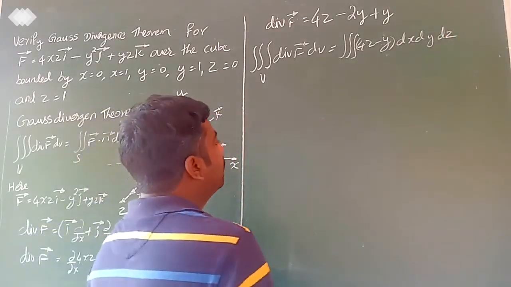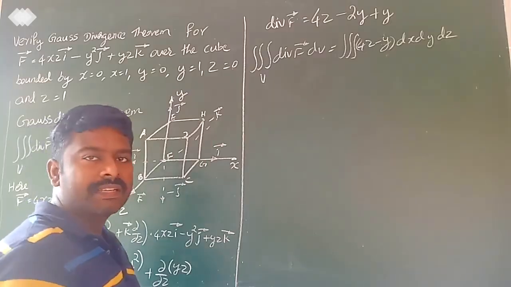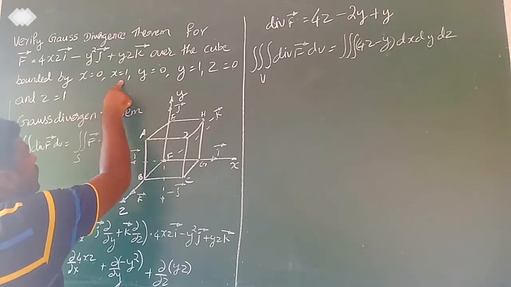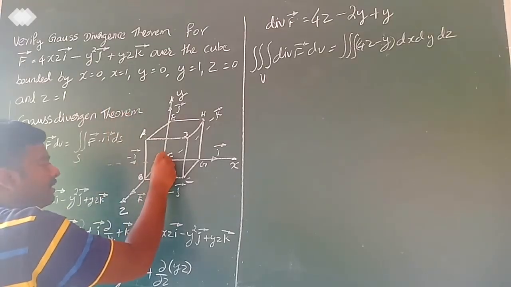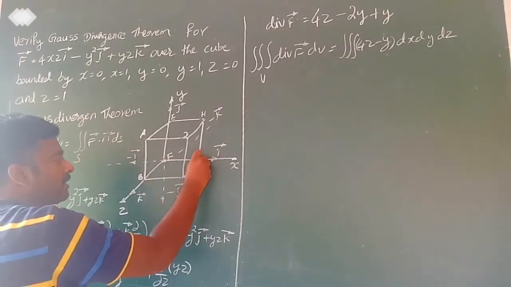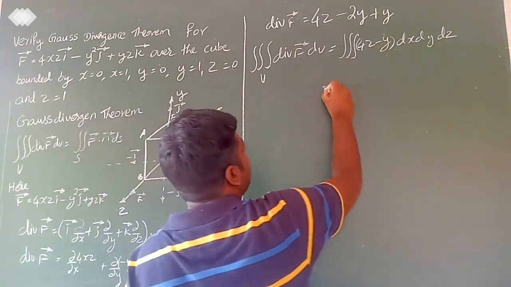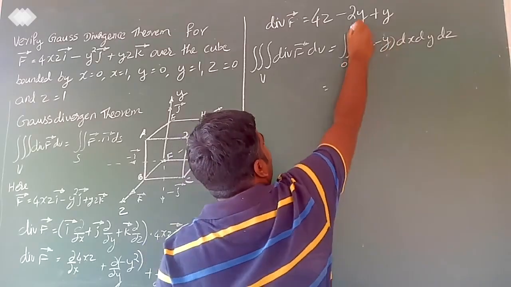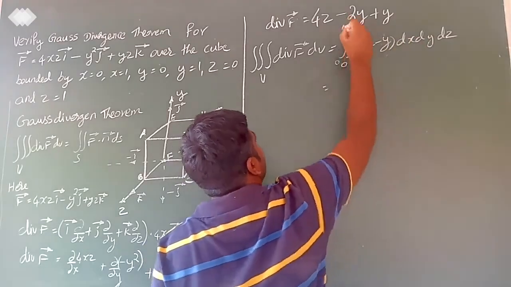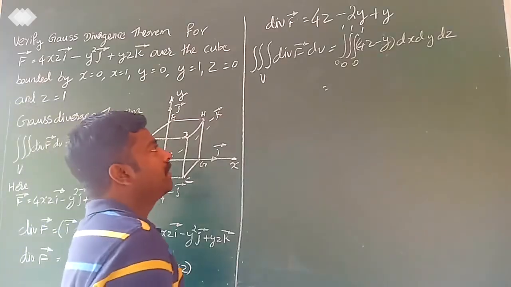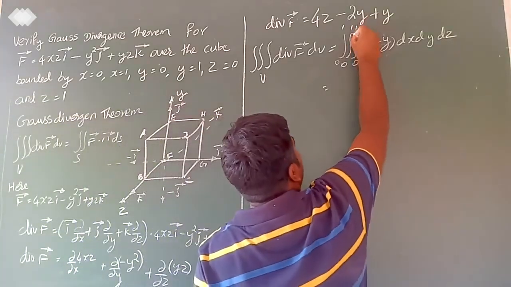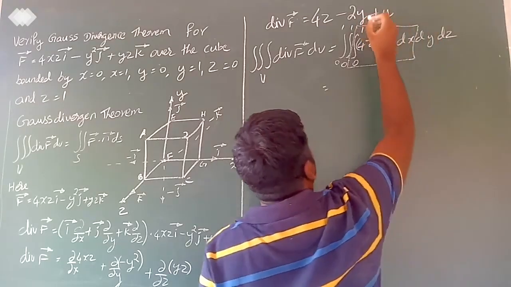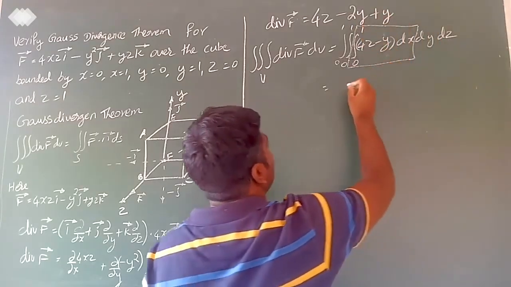So here the integral limits of dx, that is in the x-axis, the limits is x equal to 0 to x equal to 1. Therefore the limits will be 0 to 1 for x, 0 to 1 for y, and 0 to 1 for z. So here we integrate 0 to 1 of 4z minus y dx first.